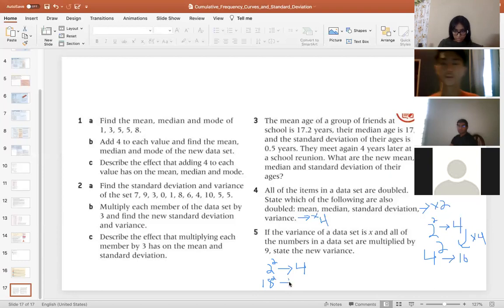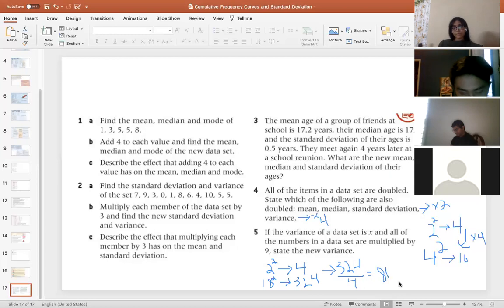Then 324 divided by 4 equals 81. Honestly, your best bet during these kinds of questions is substituting numbers. That will help you the most.